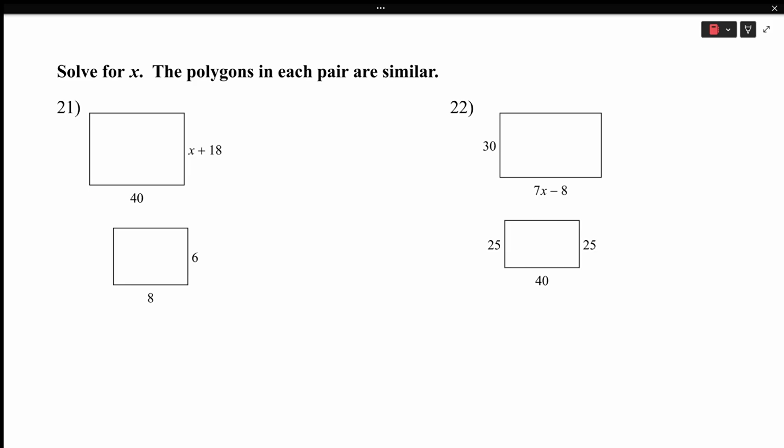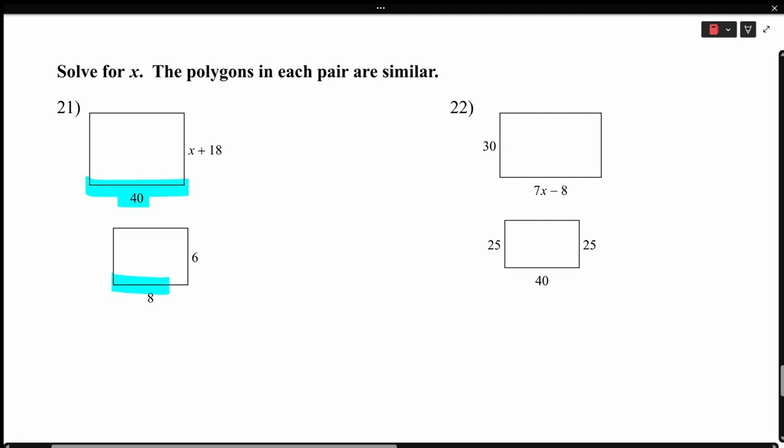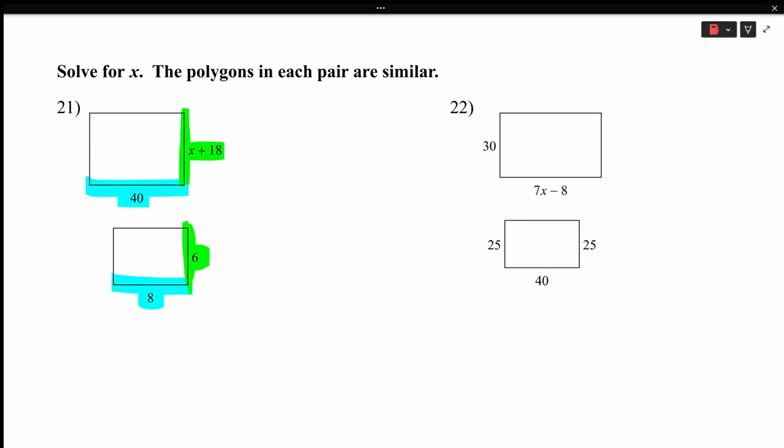So I know these two sides are corresponding, and I know these two sides are corresponding. Okay, I want to find a scale factor.